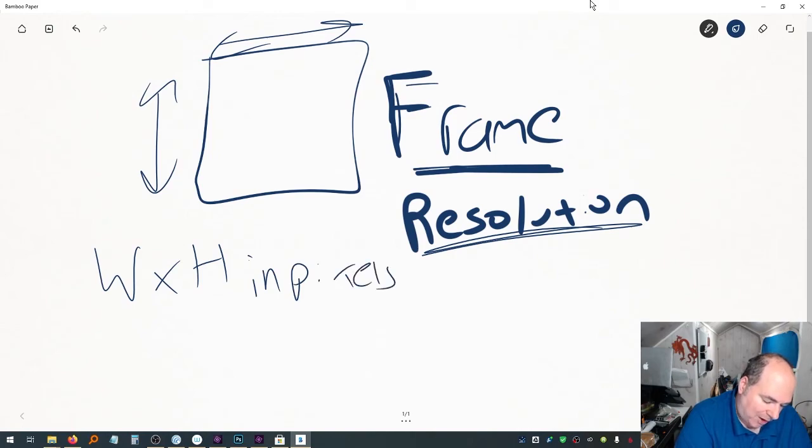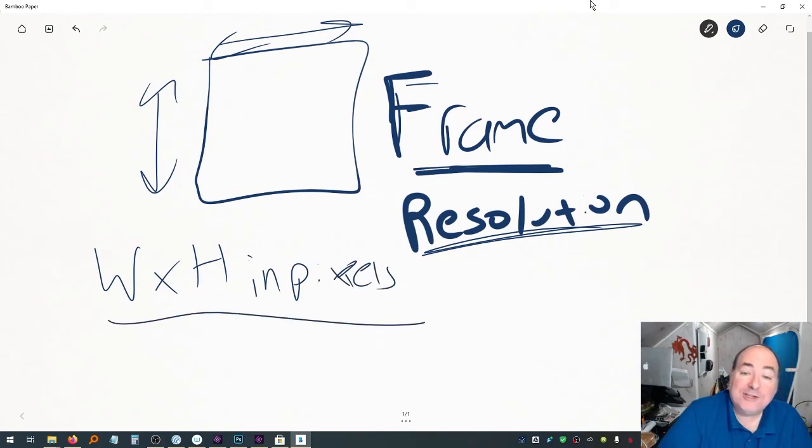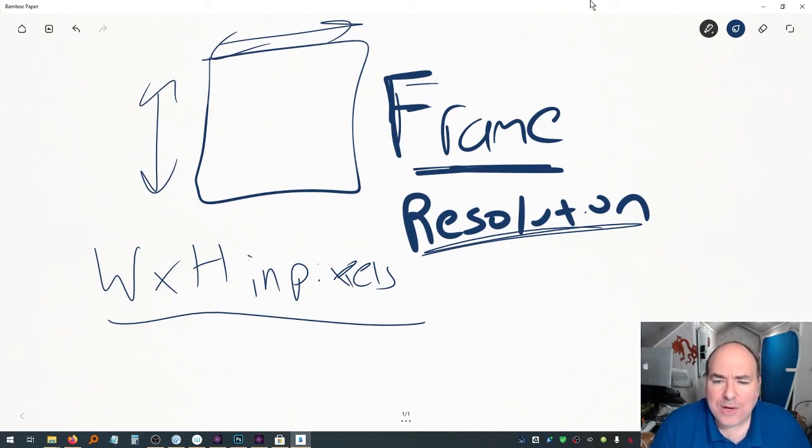That's the resolution of a still picture, and in this case, we're going to be talking about the resolution of video. Now, there are multiple flavors of video. There didn't used to be, but now there are, and we're going to have to talk about all of them. So when we're talking about video, we're talking about pictures going by, and with all pictures, at least in the digital world, we're going to talk about the resolution of the pictures, that is, the number of pixels wide and the number of pixels tall. And those are our individual frames. All right, so far so good.